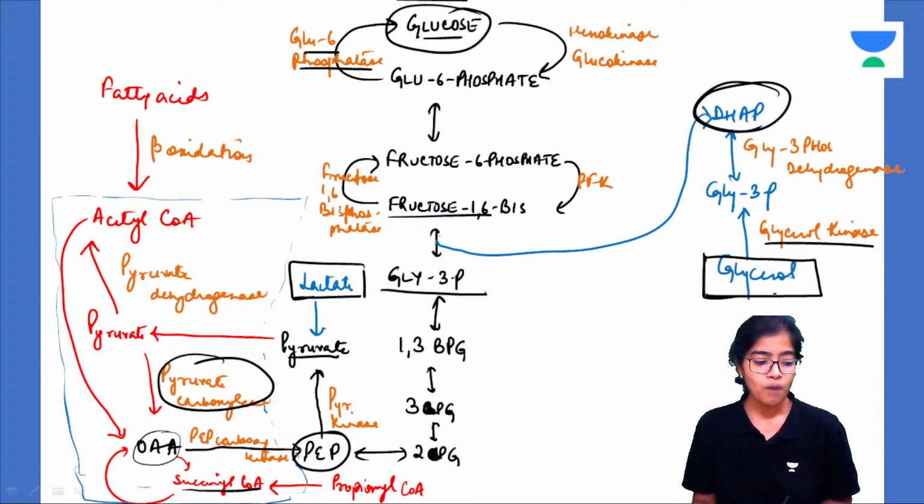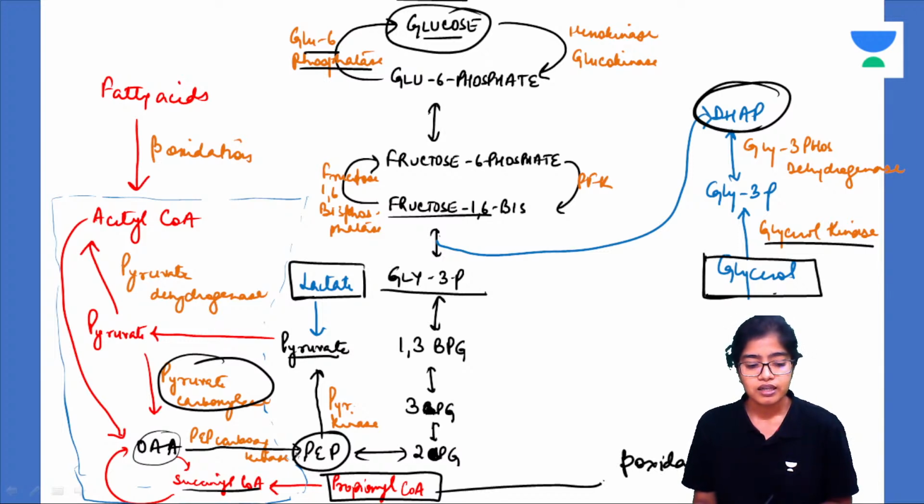Now we'll read how propionyl-CoA or propionate converts into glucose. How does it convert? First of all, where is this propionate coming from? It is coming from beta oxidation of fatty acids containing odd number of carbon atoms.